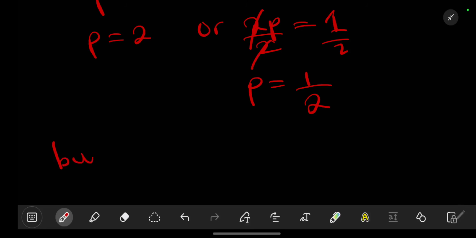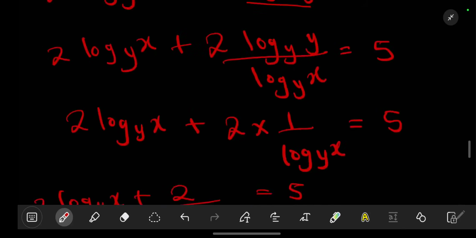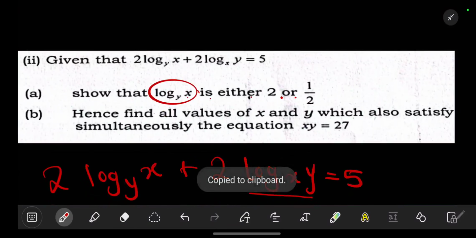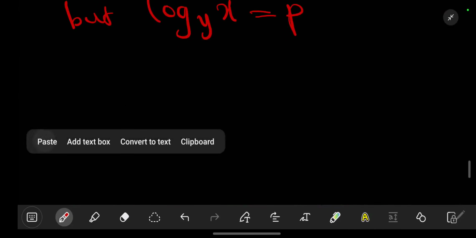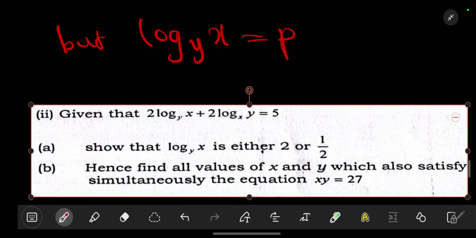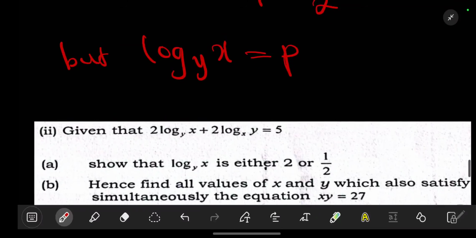But remember we said that the log of x base y is the one that is equal to p. Therefore, according to the question, which says show that, we are required to show that.